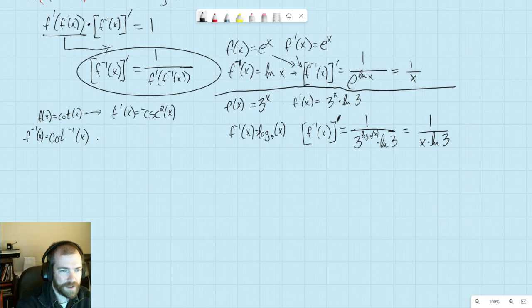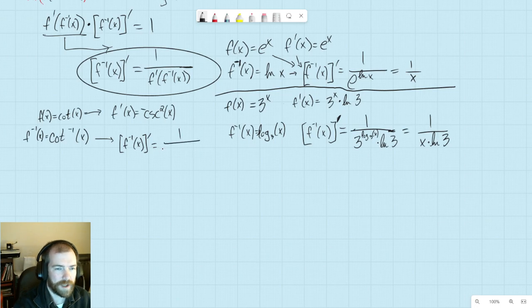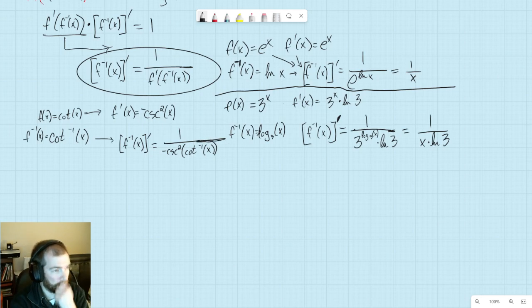So then we said that f inverse of x, parentheses, prime in this case is going to be 1 over f prime, which is the negative cosecant squared of f inverse, cotangent inverse of x. And I said, I bet none of you know this, right? And they went, yeah, no. And I went, well, good, because we're not done.